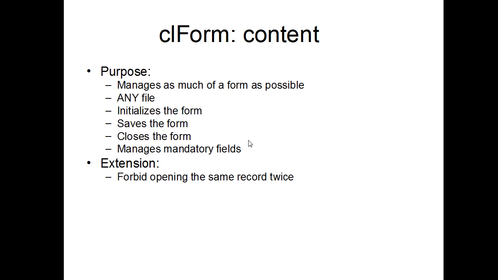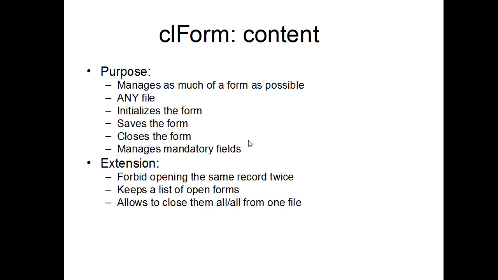And that is done from code that is inside the class, so very easily reusable. It keeps a list of open forms. You've seen that list displayed. And of course, because you have a list of all the open forms, you can close them all if need be. That's perfectly possible.